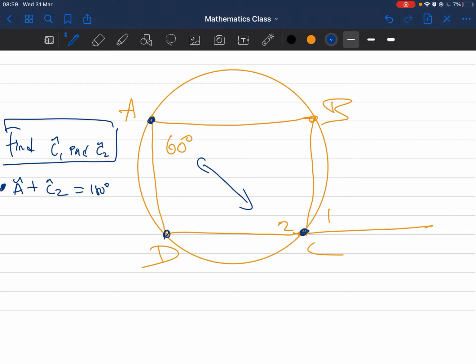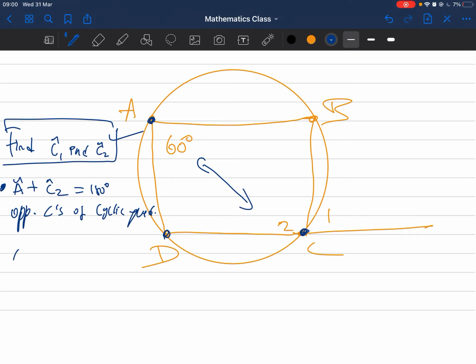And the reason for that, we had the reason from our previous video. Please check out how we get here. But let me just write the reason. It's opposite angles of a cyclic quad. Simple as that. Opposite angles of a cyclic quad are supplementary, they equal 180 degrees. Cool, right? So we're looking for C2. So how do you get C2?